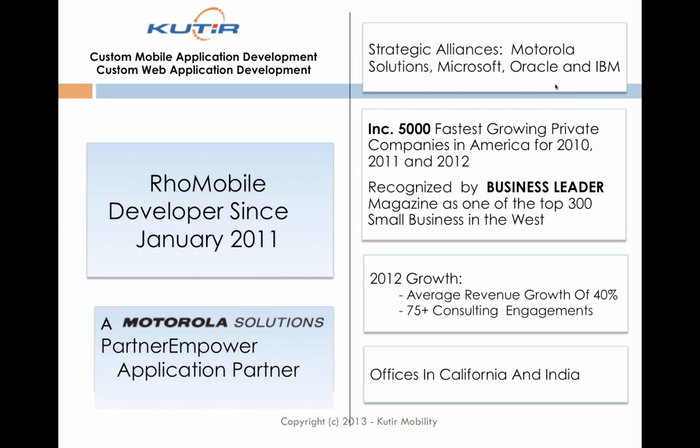And like Rob said, we've been with the Rho platform for a long time, and we have embraced the platform, and we've built several applications using that platform. Now that RhoMobile is part of Motorola Solutions, we are an application partner for Motorola Solutions.